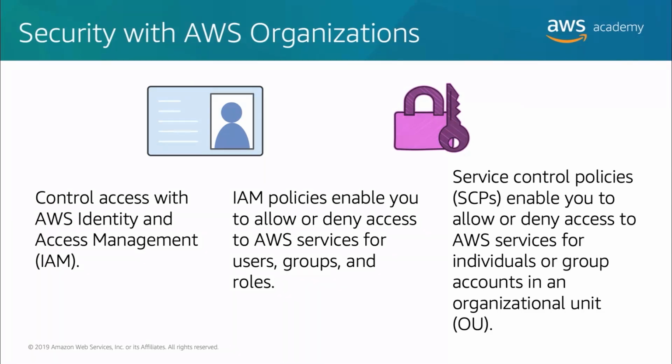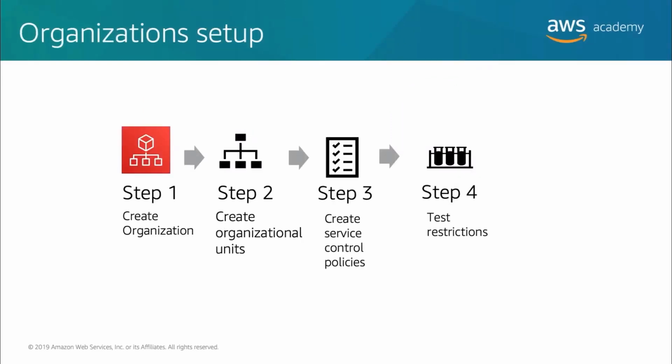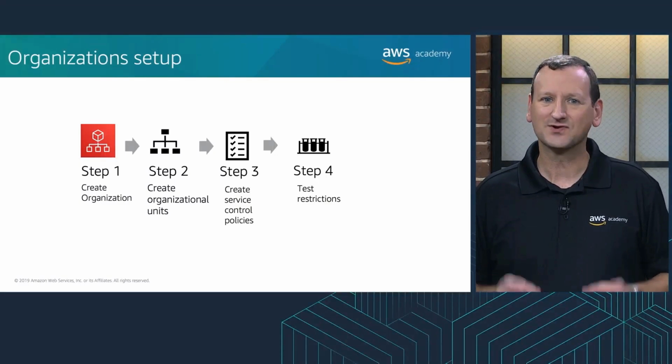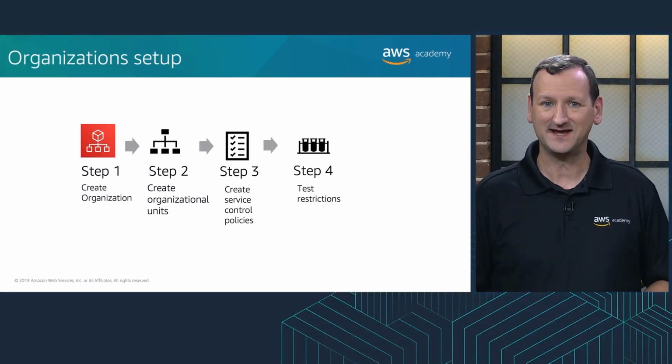Keep in mind that this process assumes that you have access to 2 or more existing AWS accounts and that you can sign into each account as an administrator. Review these steps for setting up AWS Organizations. Step 1 is to create your organization with your current AWS account as the primary account.